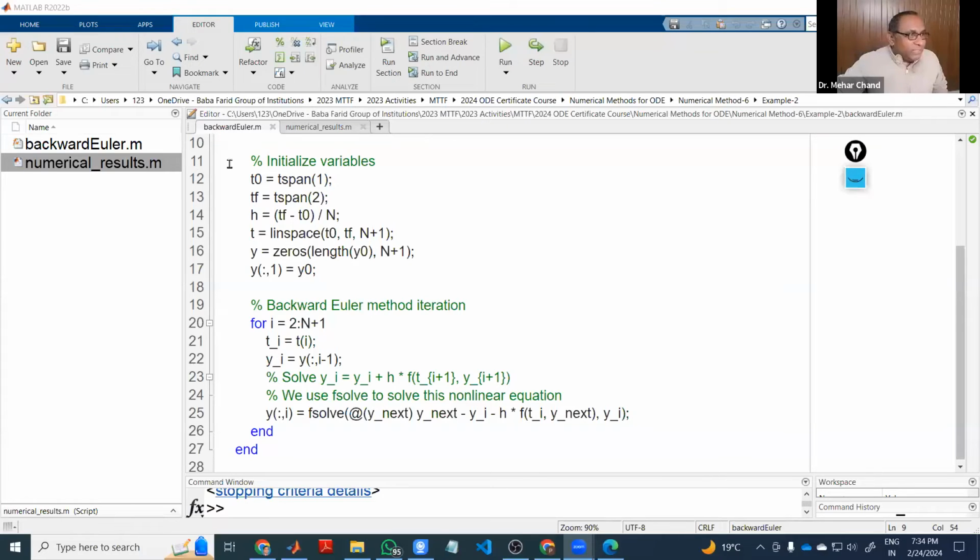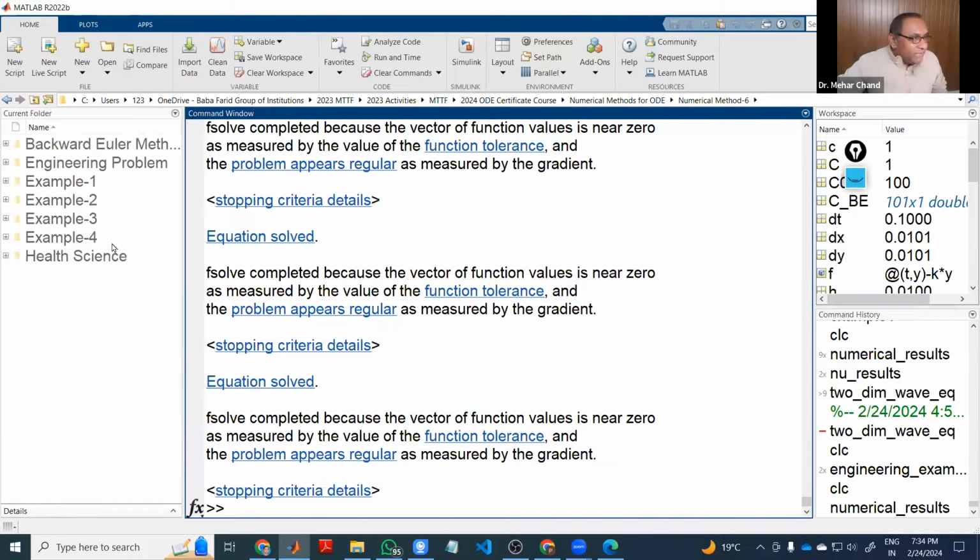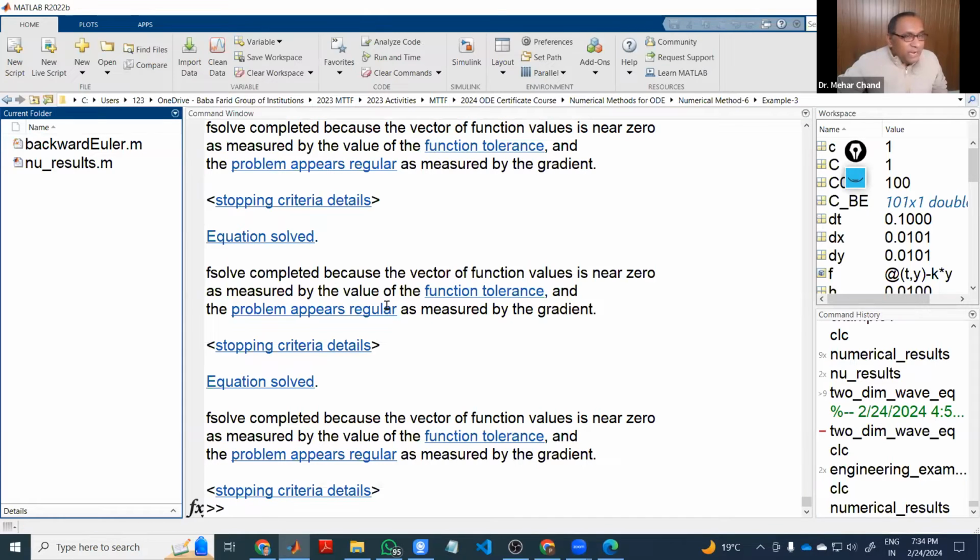Okay, so this is about the example which I tried to discuss with you, and now I have included various examples here. This is the next example, and one more thing I will let you know.